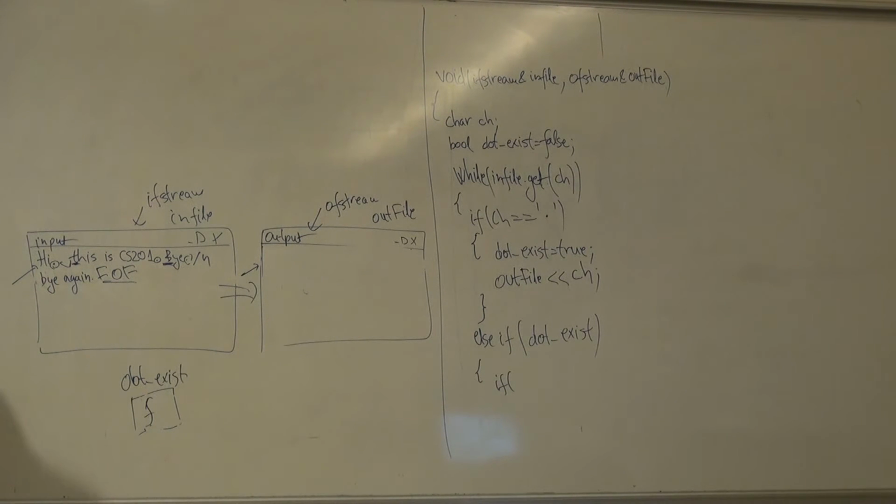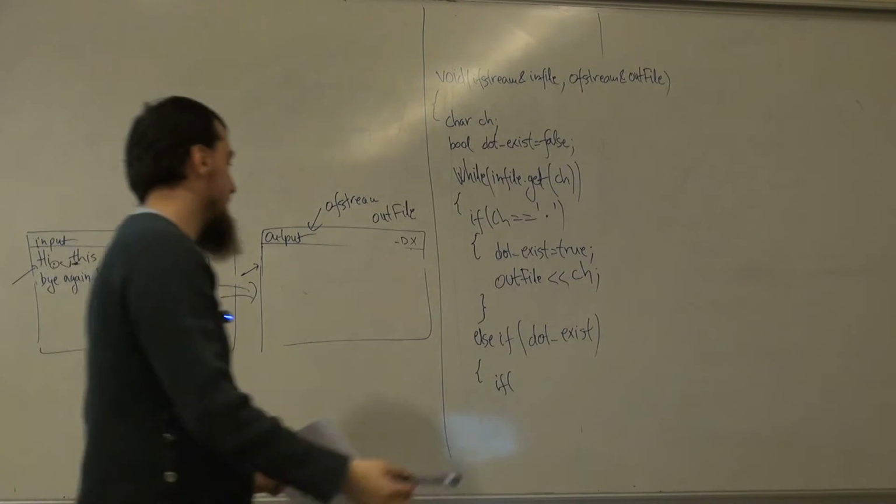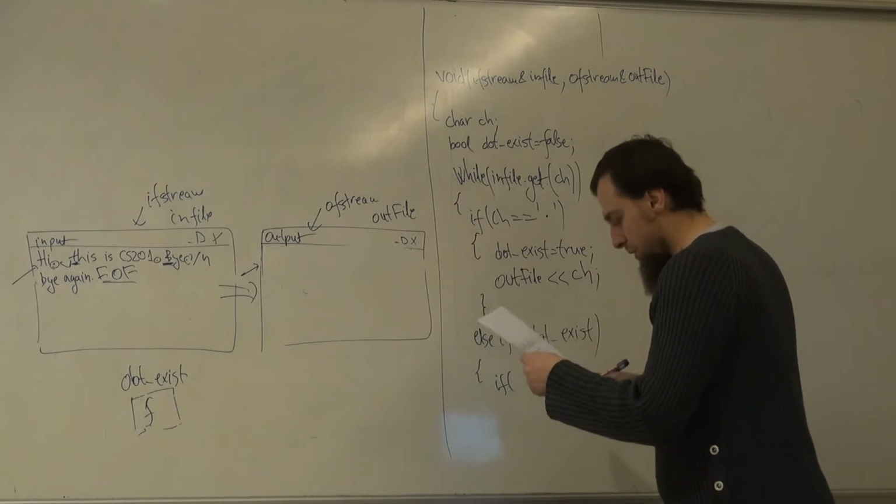Okay? So when I say the character is greater than or equal to a, that means the character is greater or equal to 97, and smaller or equal to 122. And that character itself is an ASCII value here. Okay? We have seen that, I think, last week, if I'm not mistaken.